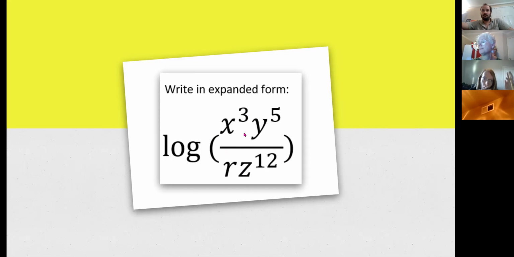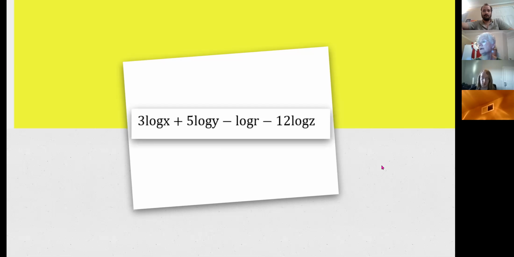Anything in the top stays positive, anything in the bottom becomes negative. So that would be 3 log x plus 5 log y minus log r minus log z.